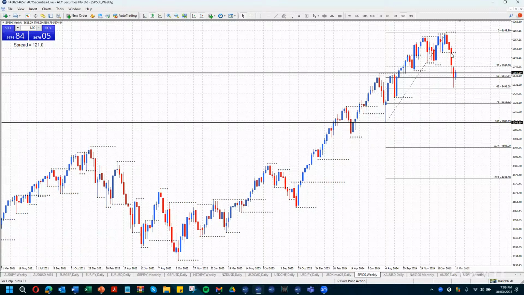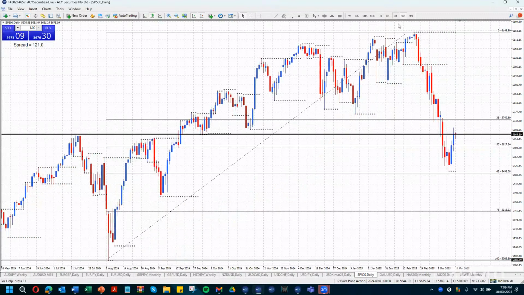Now the weekly trend is down, but we're overextended in the downward move. Even if we're going to move down further, I would expect maybe we're going to rally to put in the lower top if we are going to have further downside. But moving back to the 62% level here, I would start to anticipate that maybe that is a significant low.